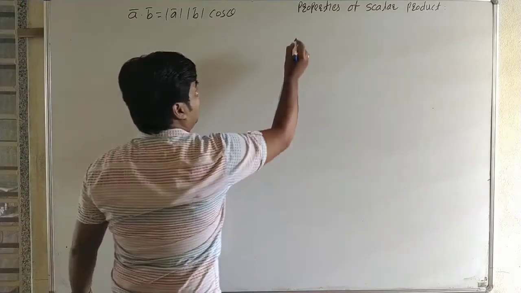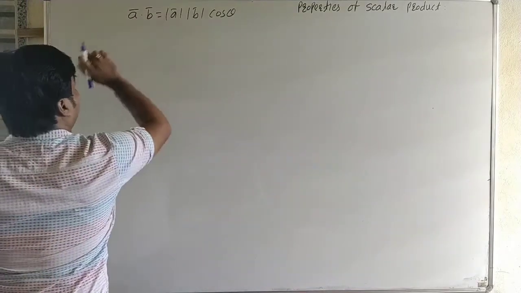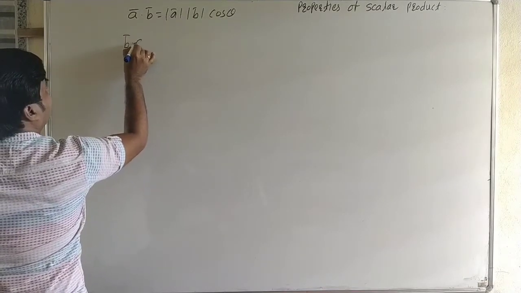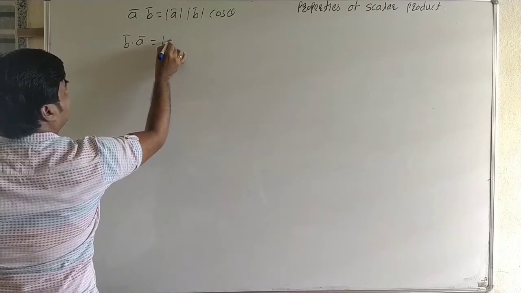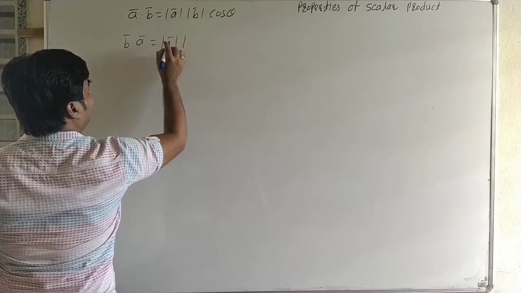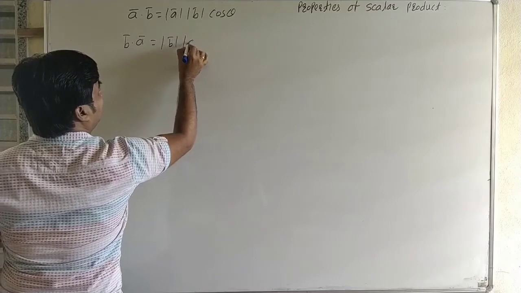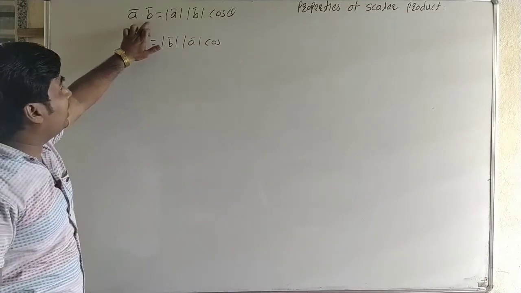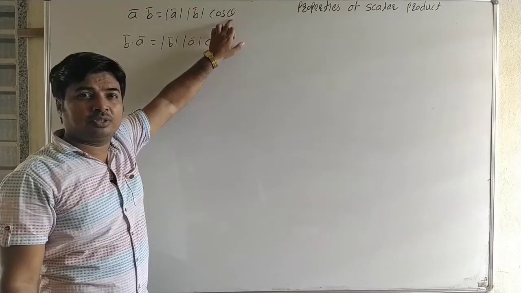Now first we take a bar dot b bar. Now we take b bar dot a bar. It is magnitude of b bar into magnitude of a bar into cos of theta.